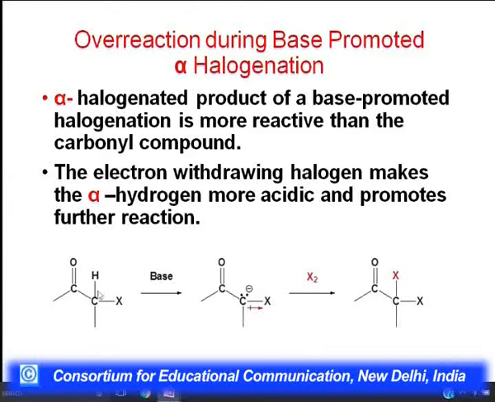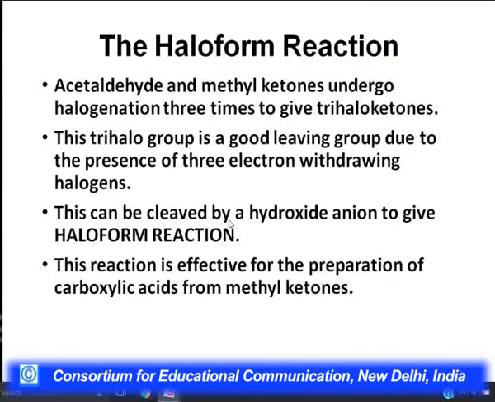That is, the hydrogen of a haloketone is more acidic as compared to a ketone, and this hydrogen will now be eliminated as a proton, resulting in the formation of this product. Since it has another hydrogen, it will again react and give us a tri-substituted product. So we see that if a halogen is present on the alpha carbon, it will help in further halogenation reactions.